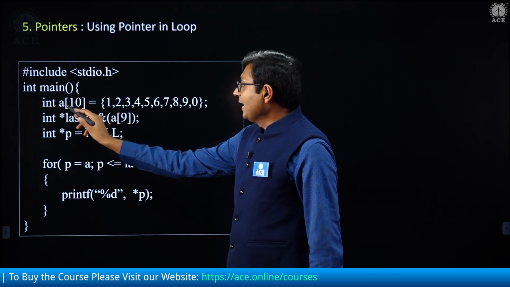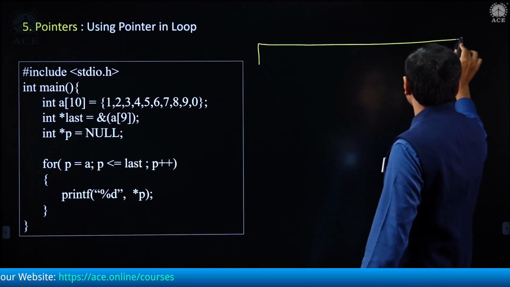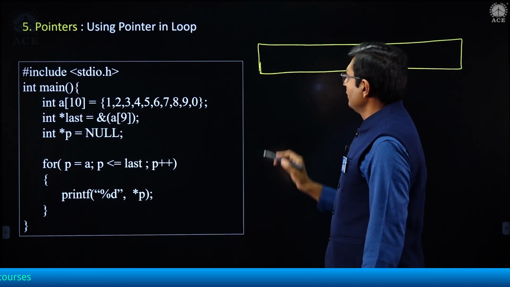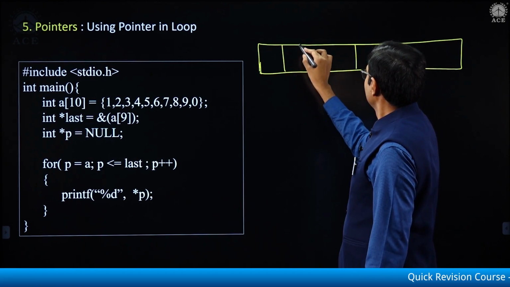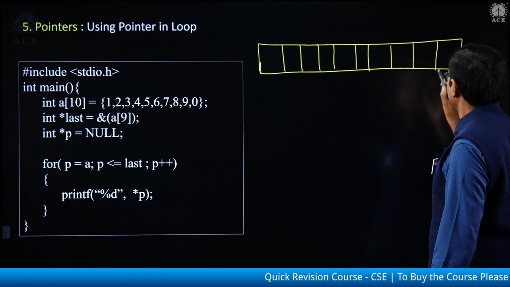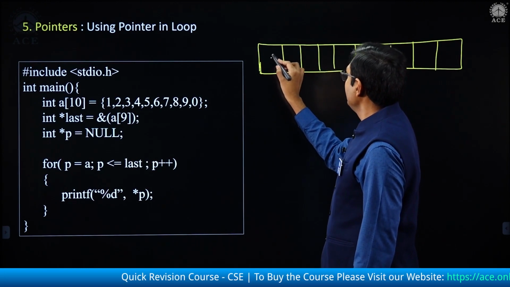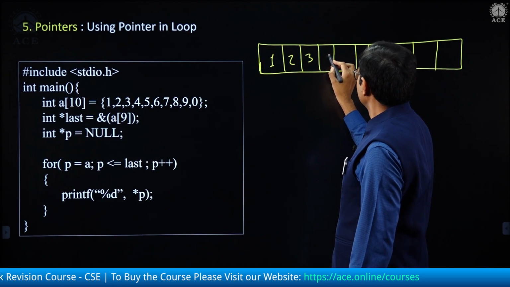So, I have the array of 10 integers here. Alright, and the values of these array elements are numbered from 1 to 0.